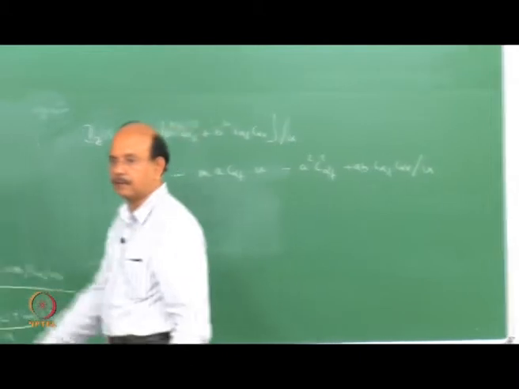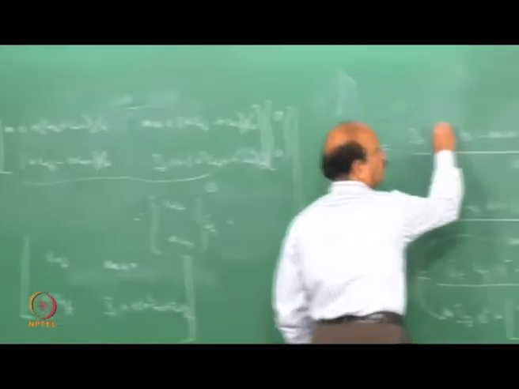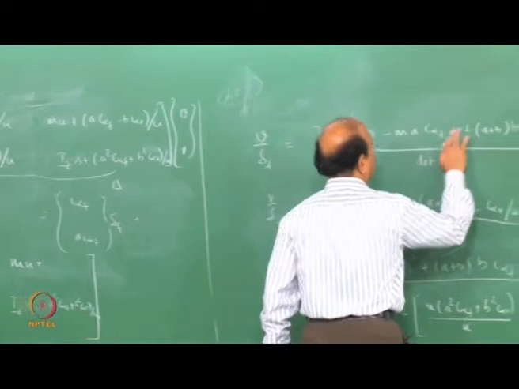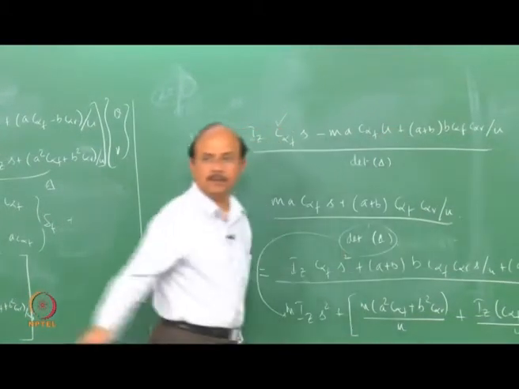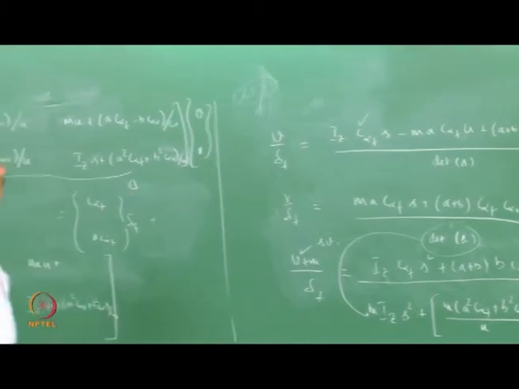Is that correct? Right? So the first term, that's correct. Okay, the second term should be multiplied by u, not divided by u, right? Sorry, that's multiplied by u.